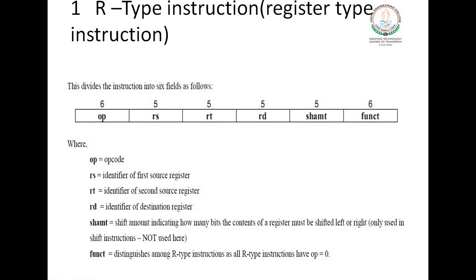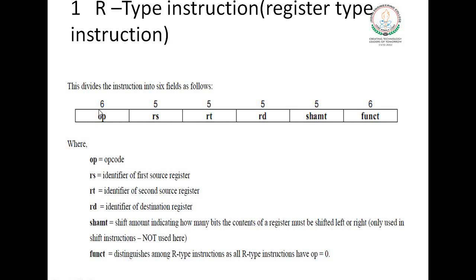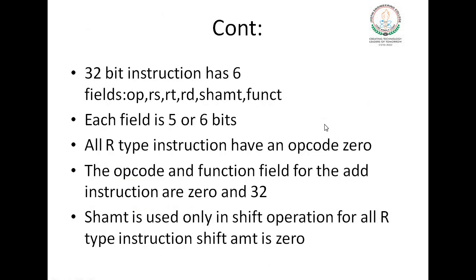Next one is the shift amount. Last field is function field. This is the format for R-type instruction. R-type has a 32-bit instruction format.